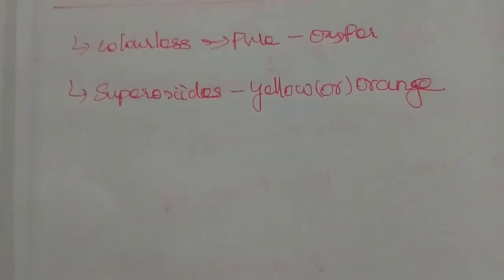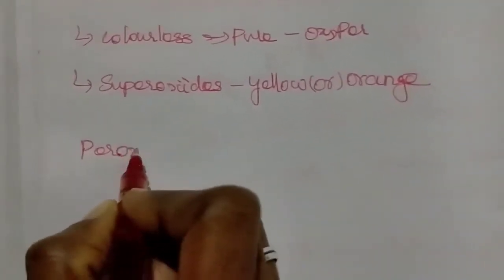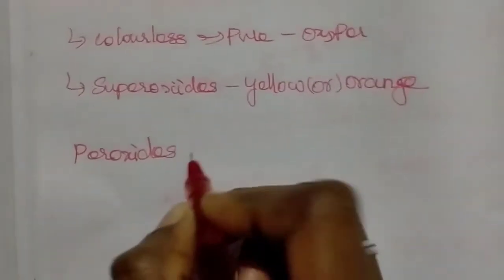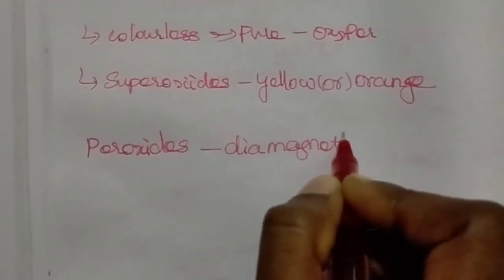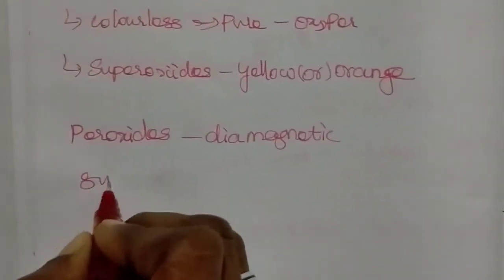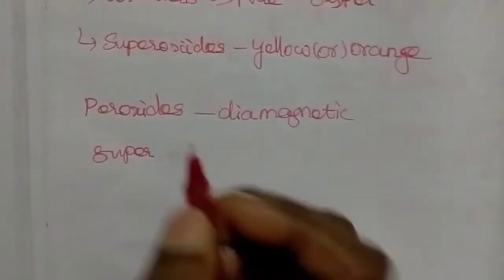Generally, peroxides of these alkali metals are diamagnetic.